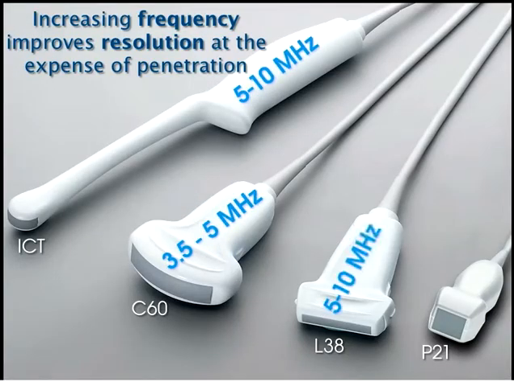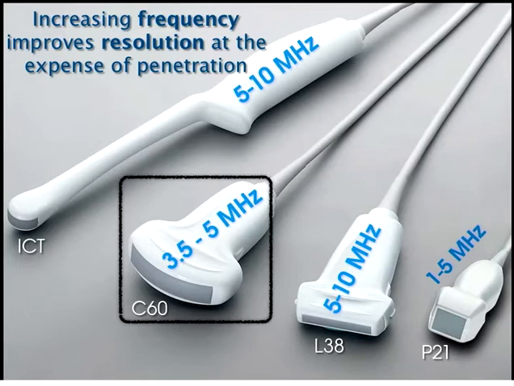In order to decide which transducer to use, it's important to remember the relationship of frequency and resolution and penetration. As you increase the frequency of the transducer, you will have improved resolution at the expense of penetration. So since the bladder is a structure that's down low in the pelvis, we're going to need to penetrate the sound into the pelvis, and the best transducer to use from a transabdominal standpoint is this large footprint, low frequency transducer.